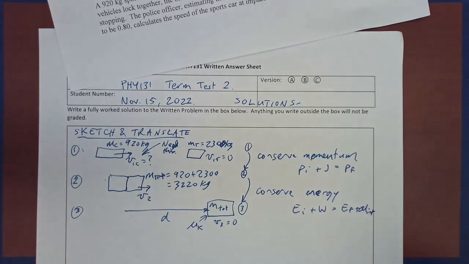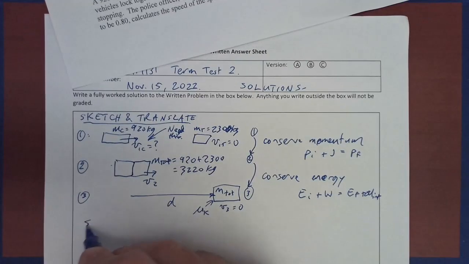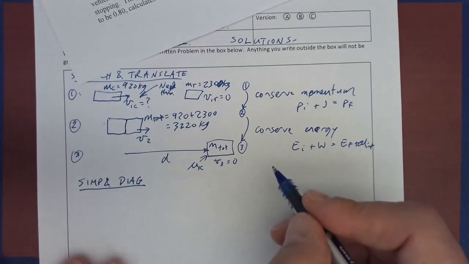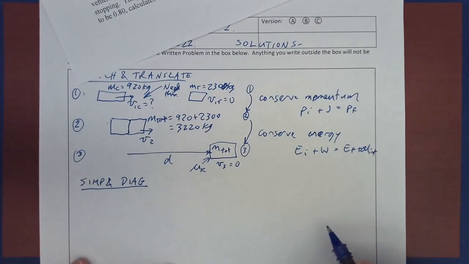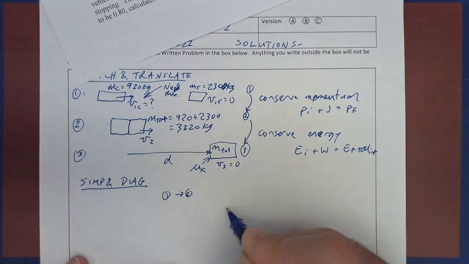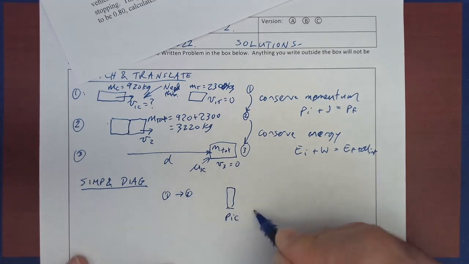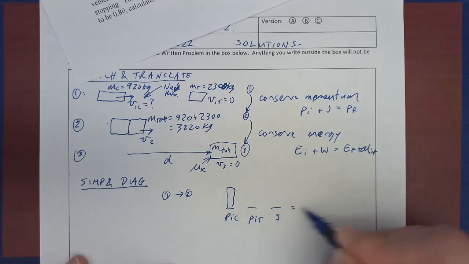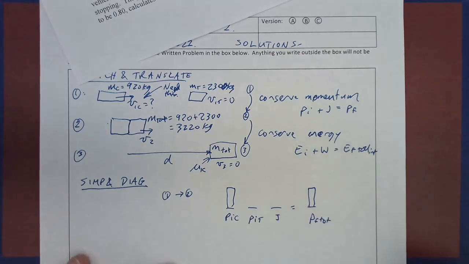Okay. So in our simplify and diagram stage, that's when we can do these energy or momentum bar charts, I guess. So we can just say that from 1 to 2, it looks something like this. You've got the P initial of the car, and then the P initial of the truck, which is 0, and then the impulse, which is 0, is equal to the P final of the total.